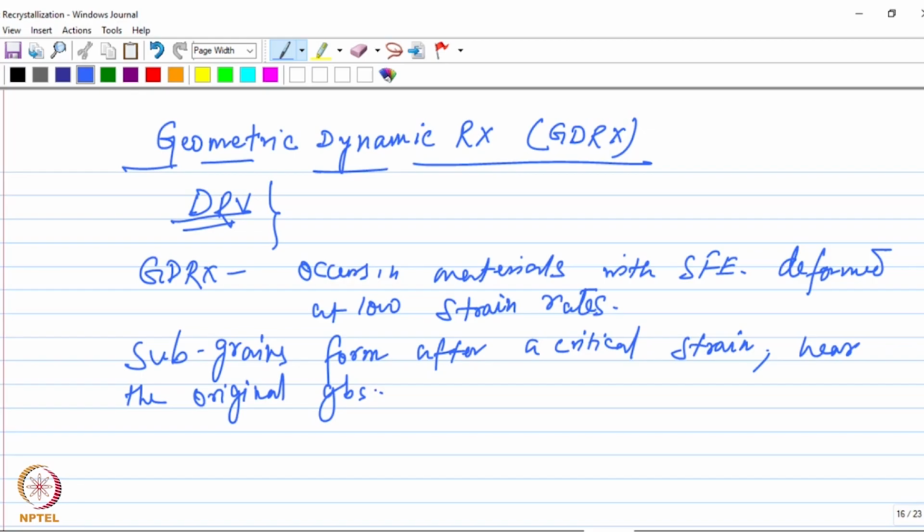And as we have seen before, due to the occurrence of this DRV and formation of these subgrains along the original grain boundaries, serrations develop.